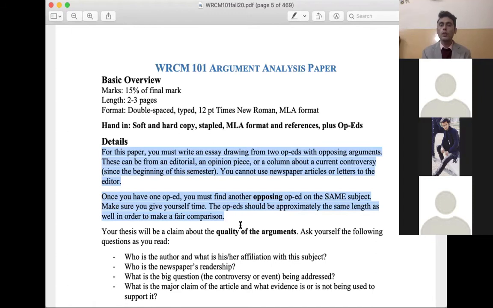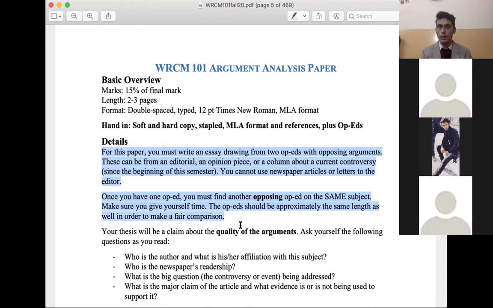But not all people in the world believe climate change to be a myth. There are people who believe that climate change is a reality. So if you look around, you will be able to find those editorials and opinion pieces which argue that climate change is a reality.